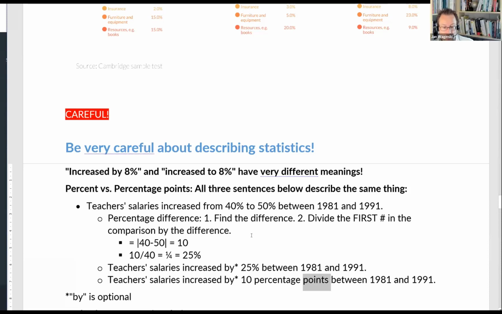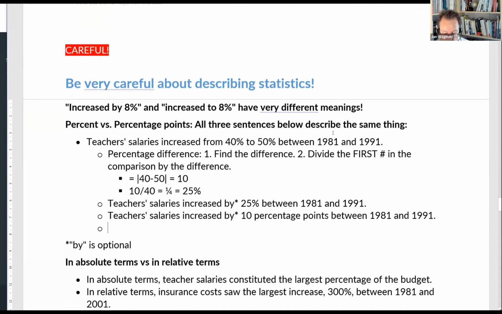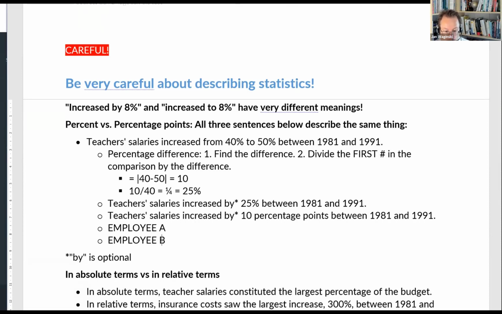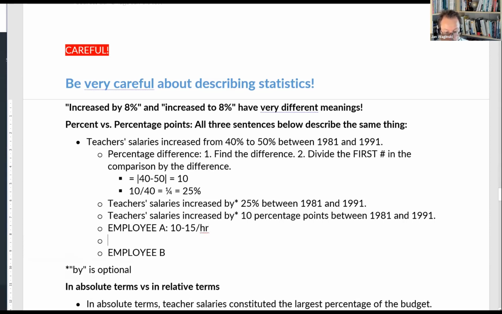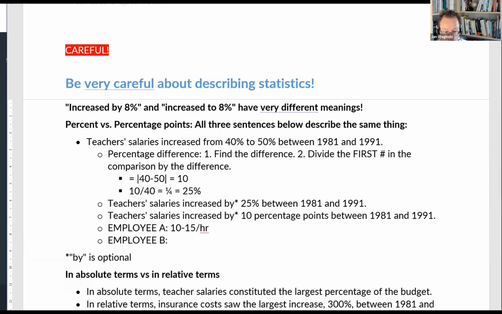So raw differences are not terribly useful for making comparisons. I'll give a simple example that I've given before. Let's say employee A and employee B both get a salary increase. Employee A's salary goes from $10 to $15 per hour, and employee B's salary goes from $20 to $25 per hour.